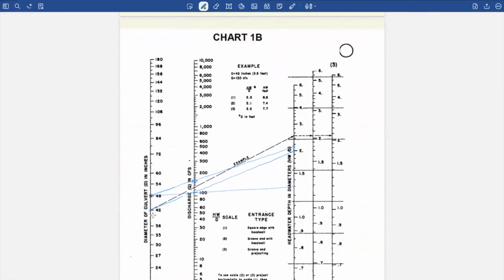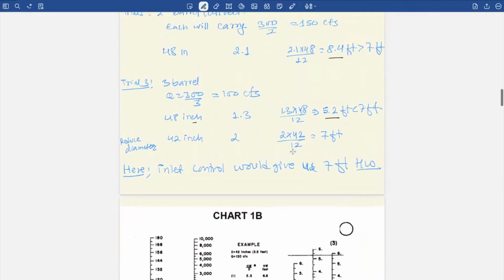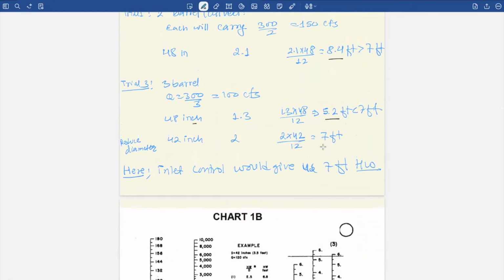So what does it give? When we decrease the diameter to 42 inches with the same number of barrels, that is 100 CFS each, it gives around 2. So when we use that value as 2, it gives 7 feet. So this will be okay, and our design works.